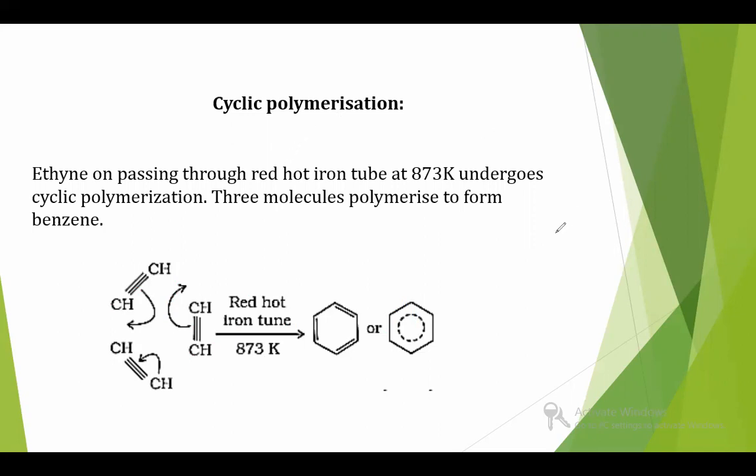Next, structure. After that, we studied the structure of alkyne, that is linear, with two unhybridized orbitals present. It is 180 degrees, meaning linear.